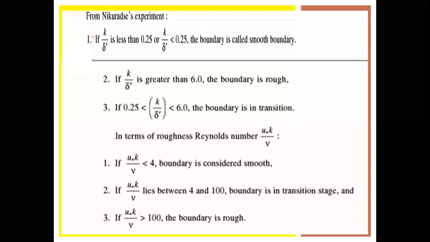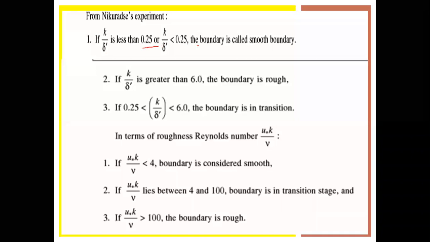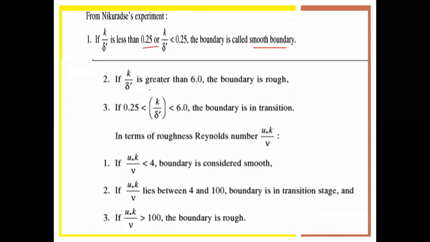if k by delta dash is less than 0.25, the boundary is called a smooth boundary. If k by delta dash is greater than 6, the boundary is rough. You should remember these values a little. Otherwise, if the question gives them in brackets, assume them, then it will be very easy.